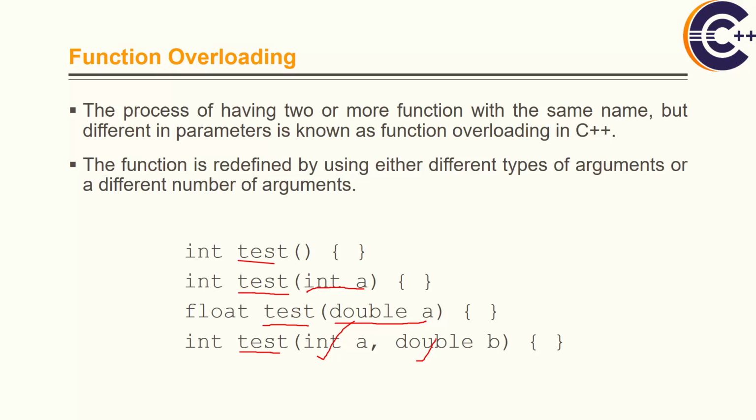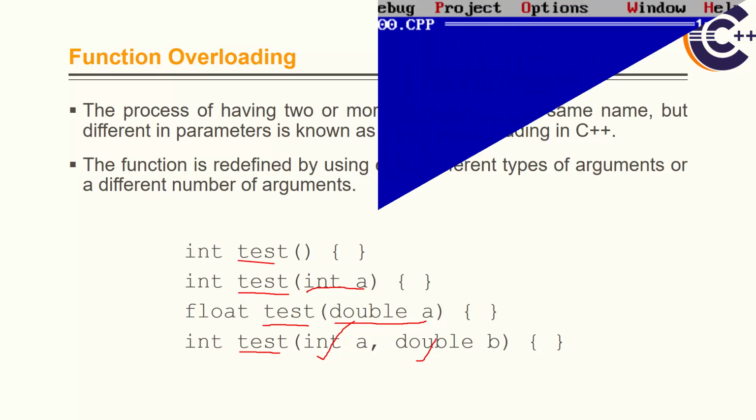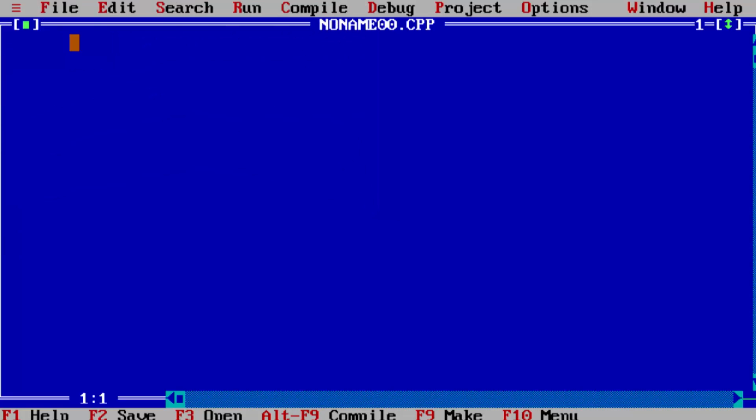Let me explain this example of function overloading using C++. Here I am going to write a program of method overloading. Let me first explain the definition of this program. In this program we have to create four display methods with different types of arguments and different total numbers of parameters, and after that we overload that method.